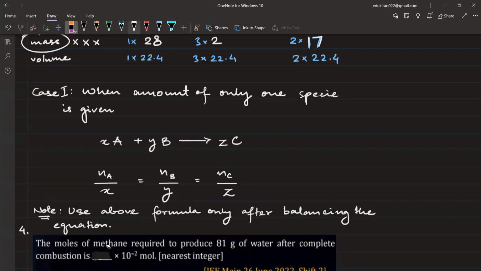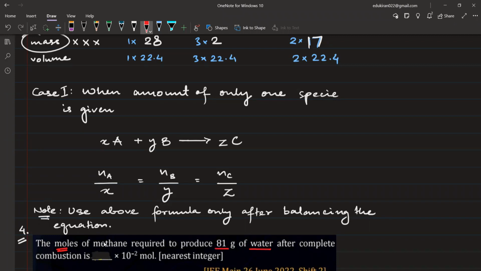Okay? Now please write this question. The moles of methane required to produce 81 gram of water after complete combustion is dash into 10 to the power minus 2. You have to calculate the moles of methane required. That means they're asking about the reactant, to produce 81 gram of water. They have given a product.